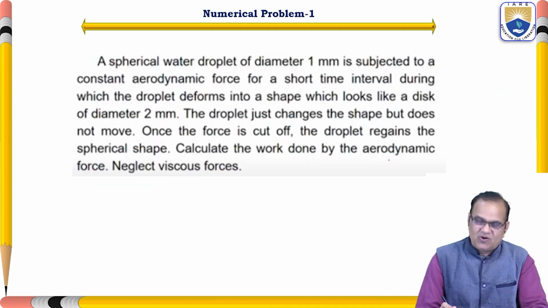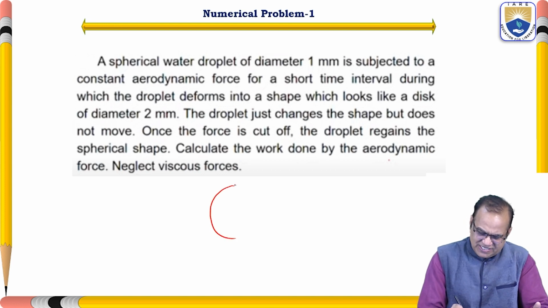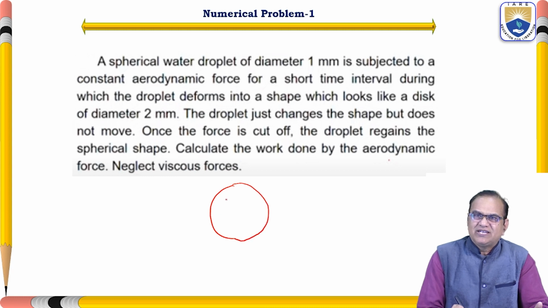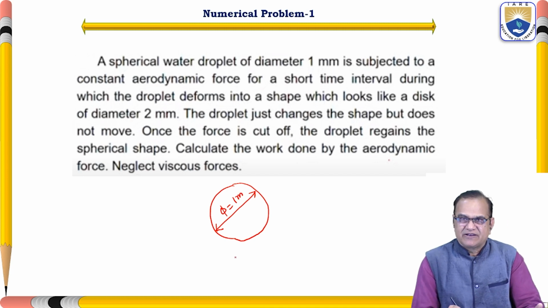I will first explain what the problem is, then we will discuss it. Initially the drop is in spherical shape. In all directions it is a diameter of 1 millimeter. This is phi of 1 millimeter and it is a sphere.